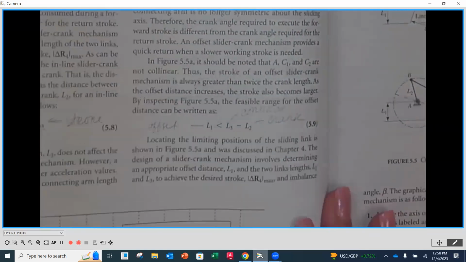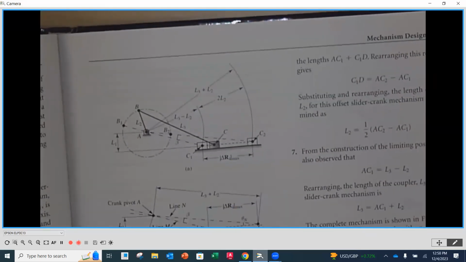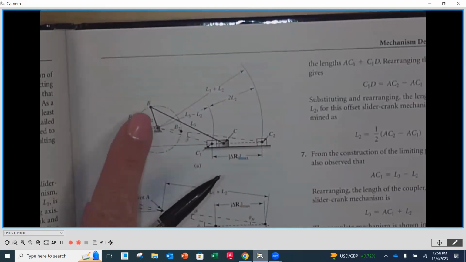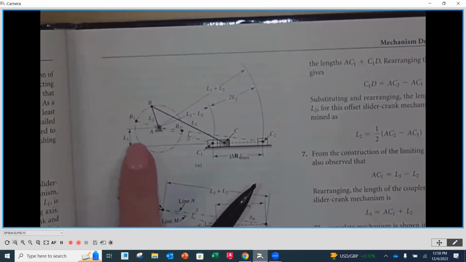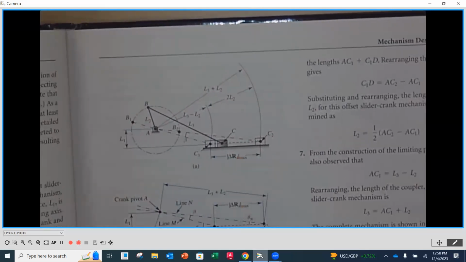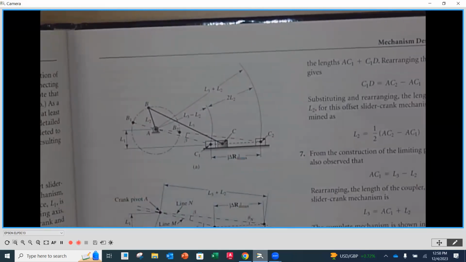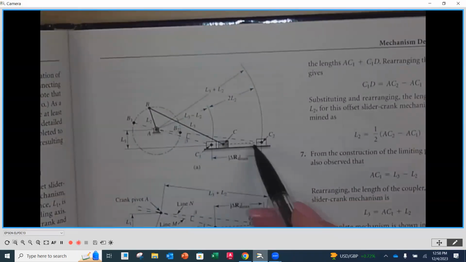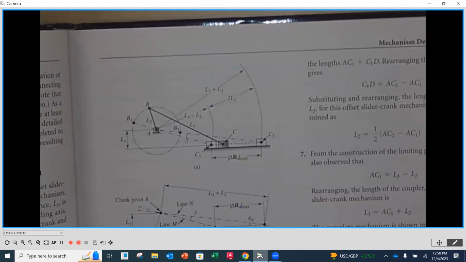You can look over here at the top of the next page: here's our L3, here's our L2, our crank, and here is the offset L1. L1 is not on the mechanism itself. It's the distance between the center of rotation of our crank and the linear travel of our slider.